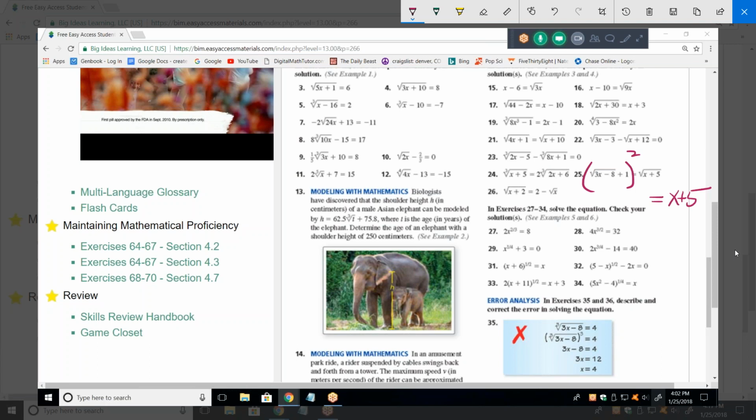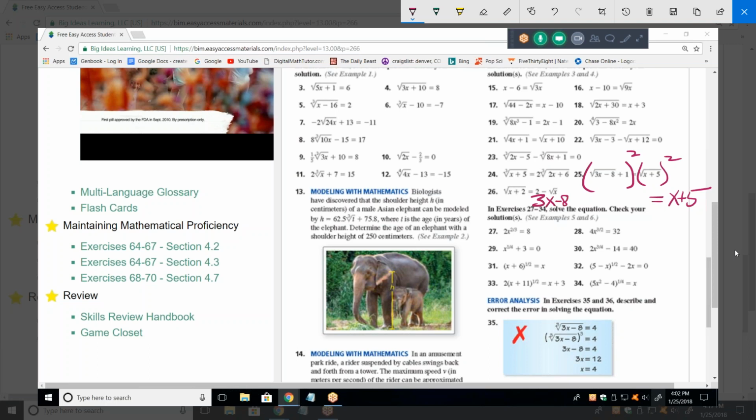In other words, when I square the left side, using the same rule, what's the first term going to be? The square root of 3x minus 8 squared, which is 3x minus 8. Okay, so it's not as hard as we thought.